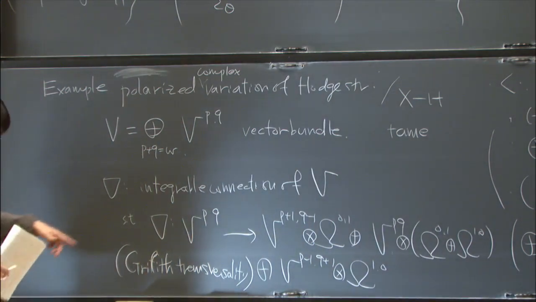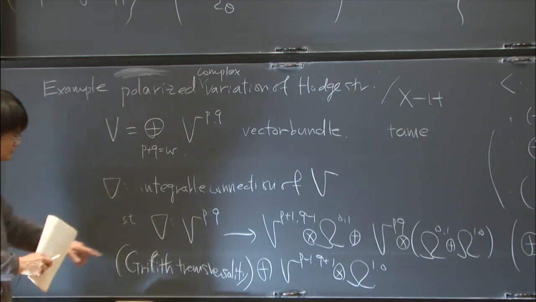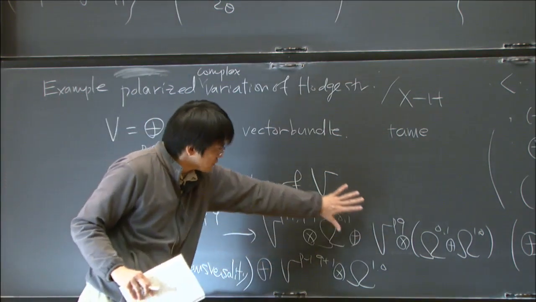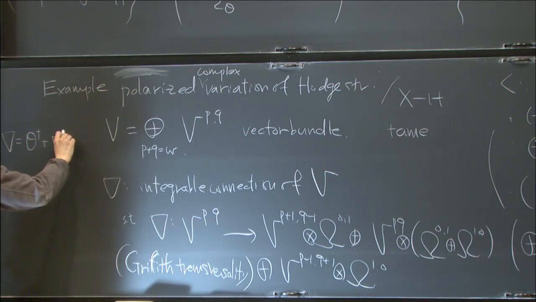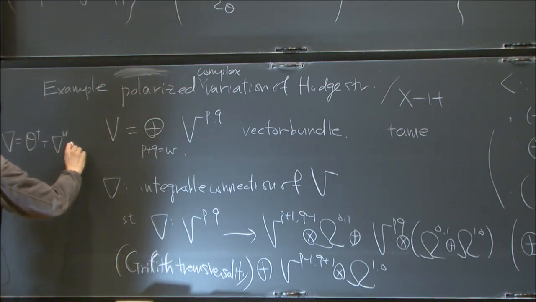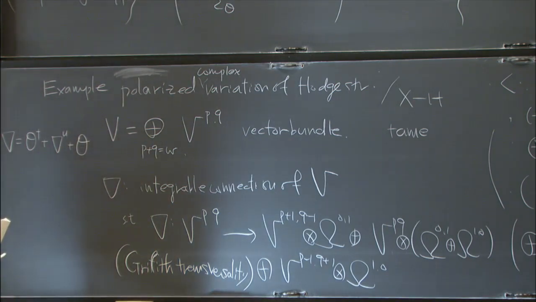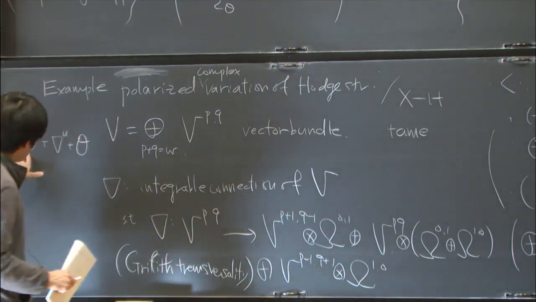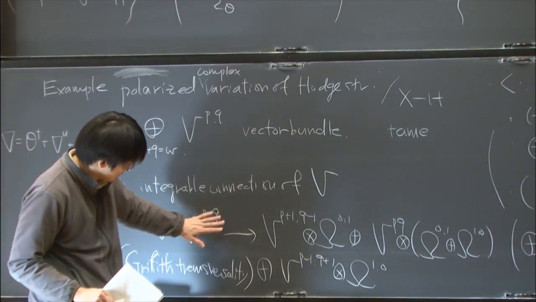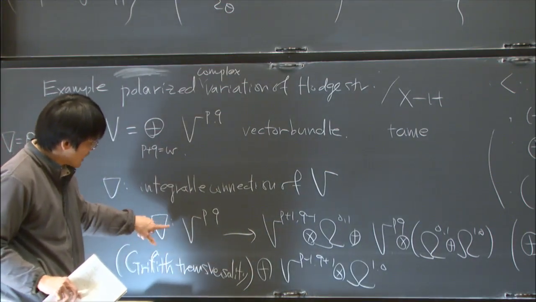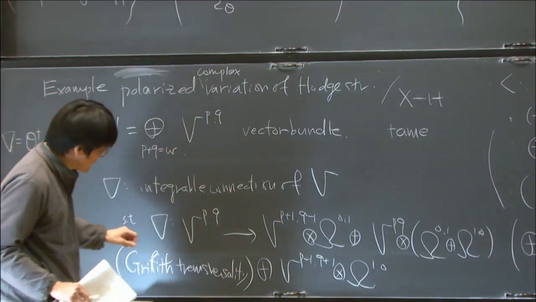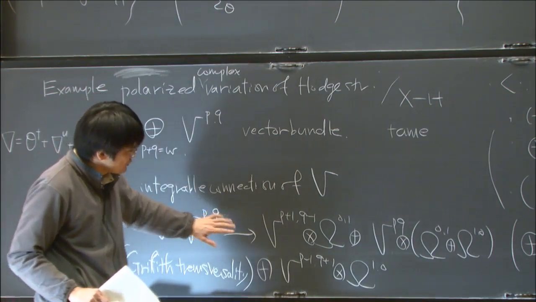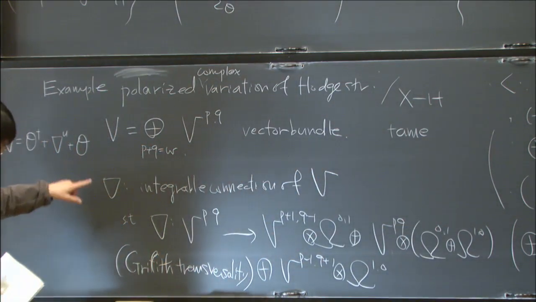Because in this case the Higgs field is given as follows: if ∇ satisfies this condition, then we have the decomposition ∇ = θ† + ∇_u + θ. θ† expresses the component of ∇ which maps this part to this part, ∇_u maps V^{p,q} to itself, and θ expresses this part.